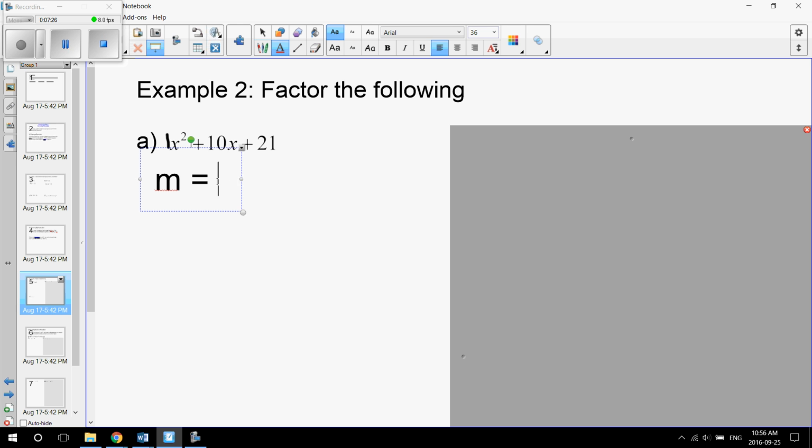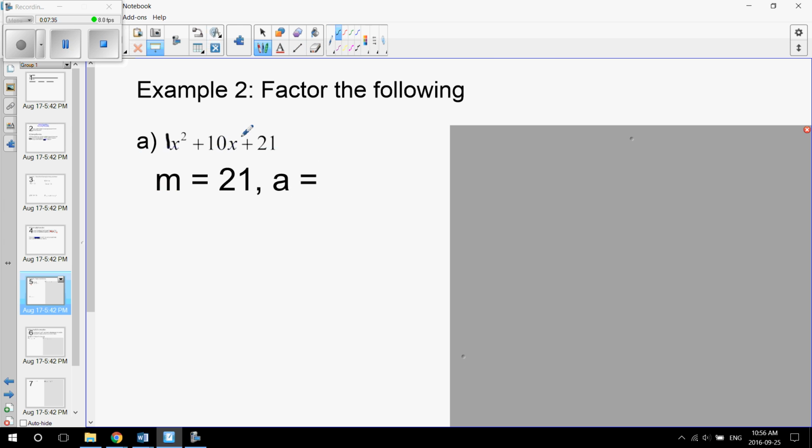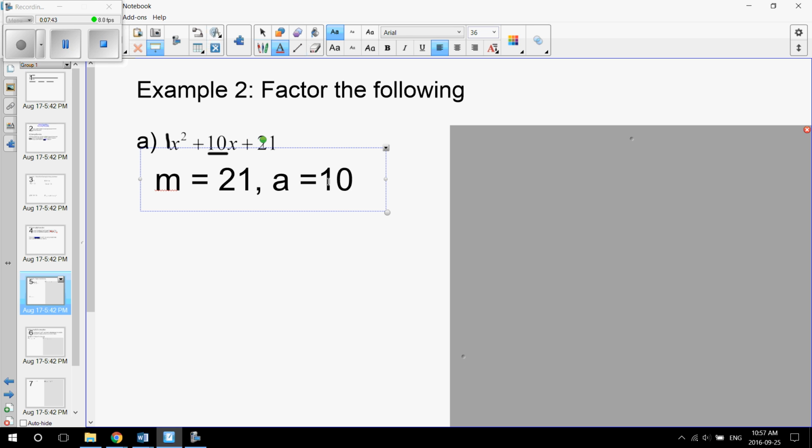So we just need two numbers that multiply to 21, but that also add, and we're going to use a for add, to our middle value. And our middle value, our b value, is the 10. So we need to find two numbers that multiply to 21 but add to 10. I want you to think about that for a second.